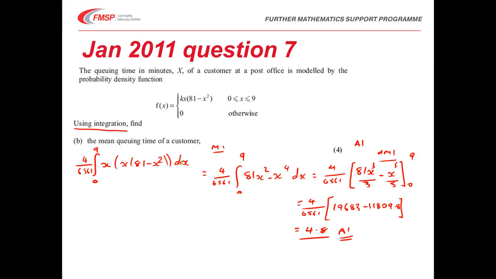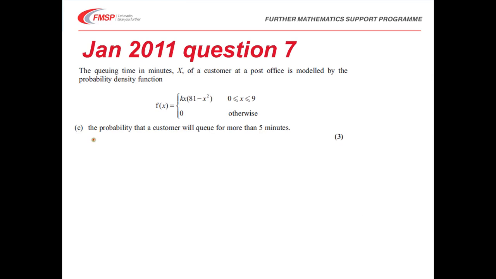We're then asked to work out the probability that a customer will queue for more than 5 minutes. Okay, so again, it's best to do 1 minus the probability of x being less than 5 minutes. You could do that, or you could recognise this. It's up to you. So I think I'm going to do it this way because I know what my upper limit is. So this is the integral from 5 to 9.